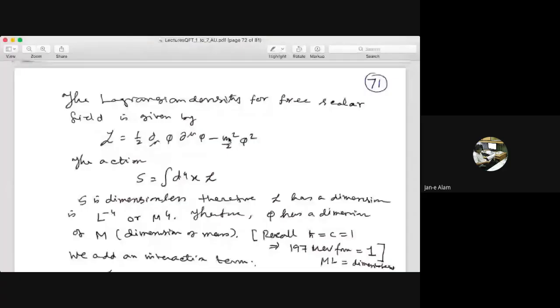Now, if L has dimension m to the 4, then you see here m squared phi squared should have dimension mass to the 4, and m squared has dimension mass squared, so phi squared should have dimension mass squared. So phi has a dimension of mass, right?